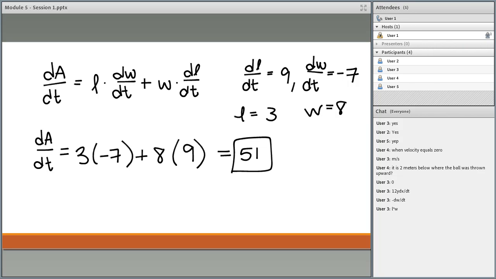Okay. We were then asked to calculate how the perimeter is changing with respect to time. So let me just rewrite the question.